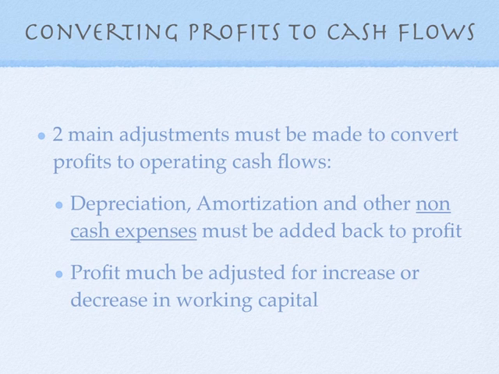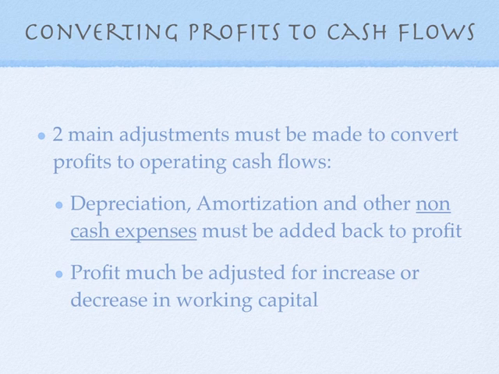Most organizations prepare financial statements such as the balance sheet, income statement, and cash flow statement routinely, and profit is a number that is available in most organizations easily. But converting these profits into cash flows requires certain adjustments. When we start with profits and want to convert them into cash flows, especially operating cash flows for making investment decisions, there are two main adjustments to be made.